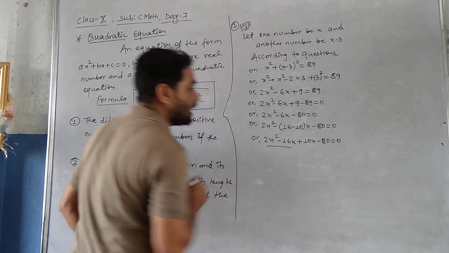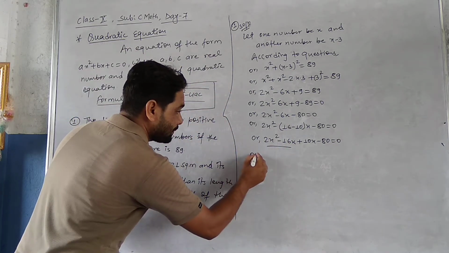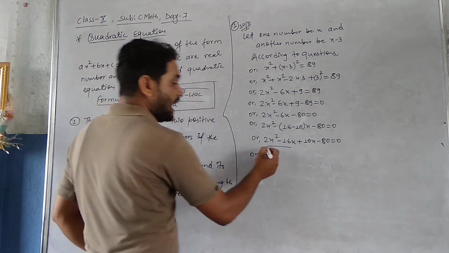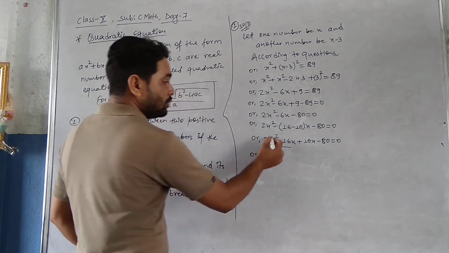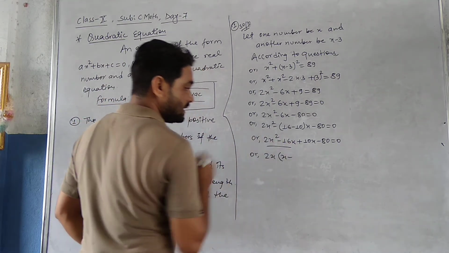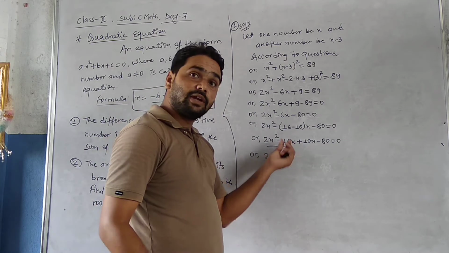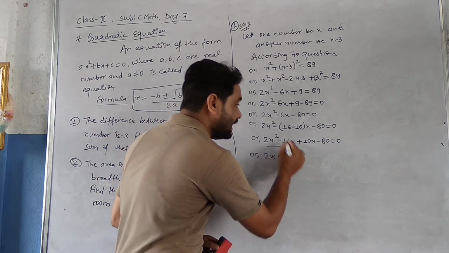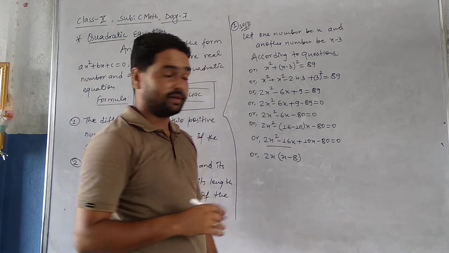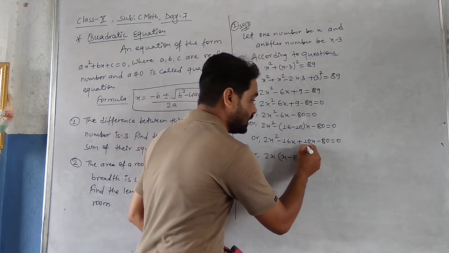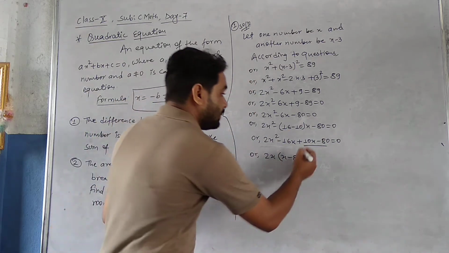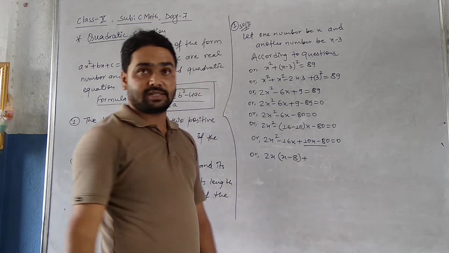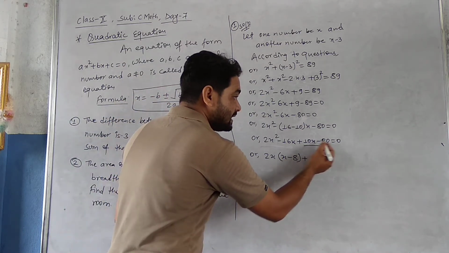Now from these first two, let's take the common. 2 is the common and x is also. We get x over here, minus sign, and 16 divided by 2 we get 8. Now from these two, with the plus sign, 10 is common.